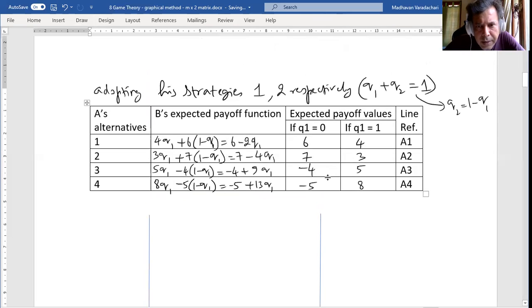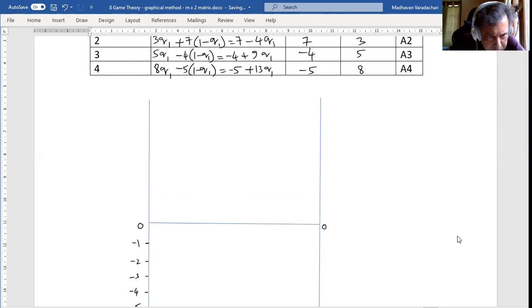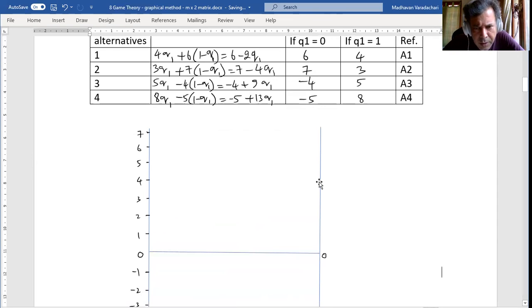And then the highest value is 7. Here the highest value is 8, so I should extend it. 1, 2, 3, 4, 5, 6.